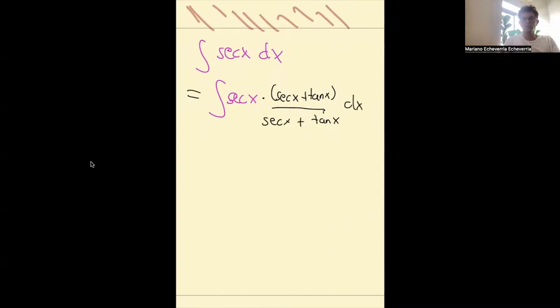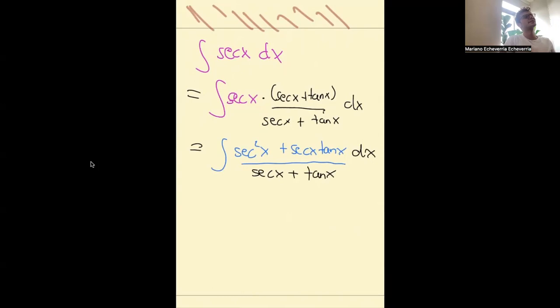Okay, so let's do that. If you do that, then the numerator becomes secant squared of x plus secant of x tangent of x, and the denominator is still secant of x plus tangent of x. And then there's a substitution you can make, which is what?